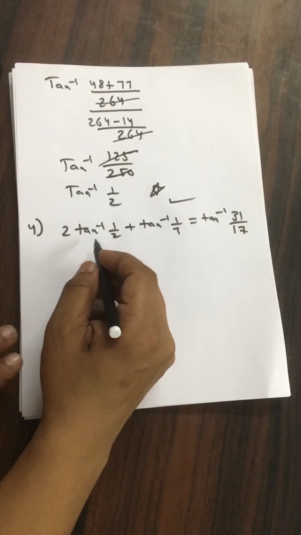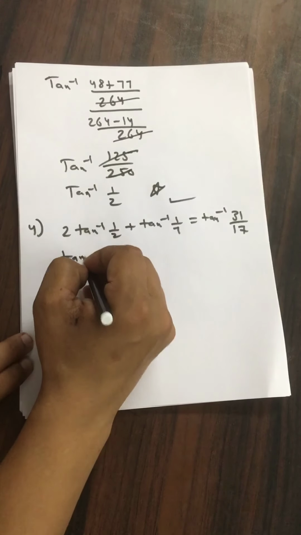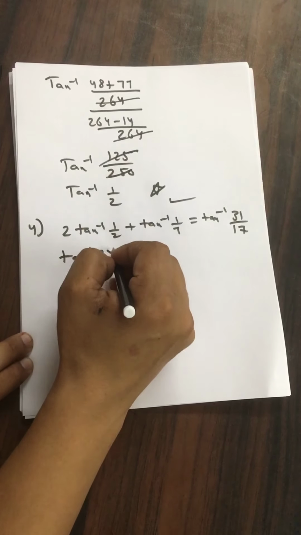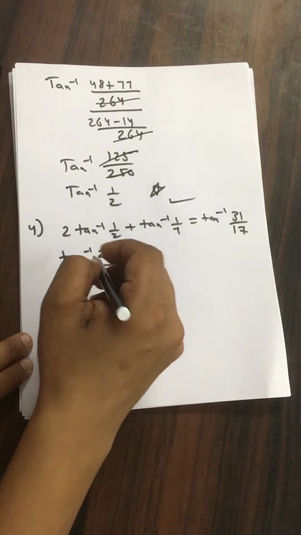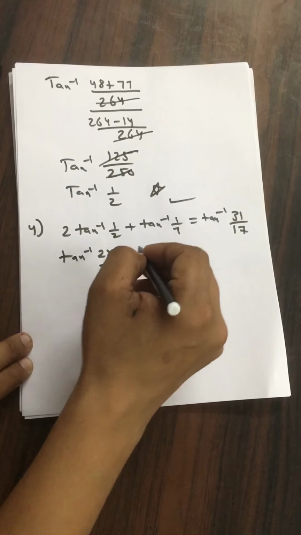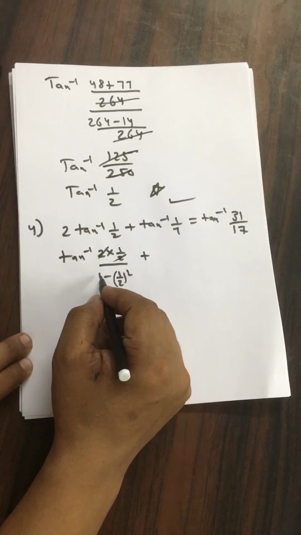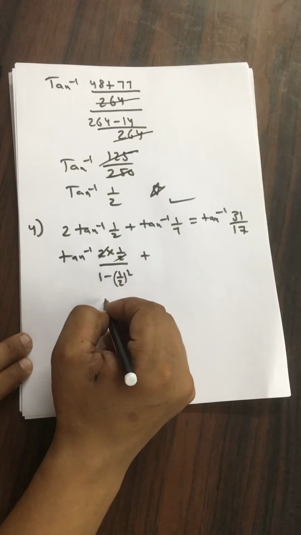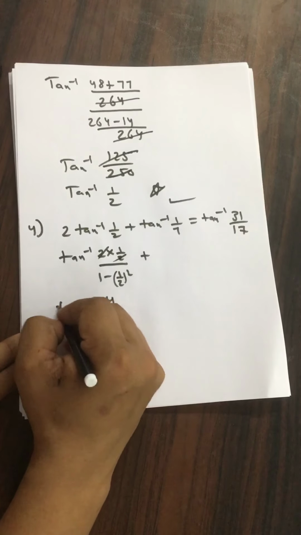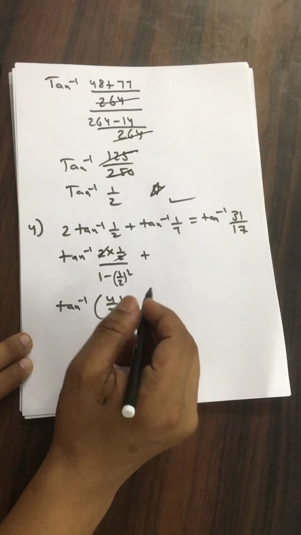We can convert 2 tan inverse x into tan inverse of 2x upon 1 minus x square. Solve, cancel. So this becomes 4 by 3.